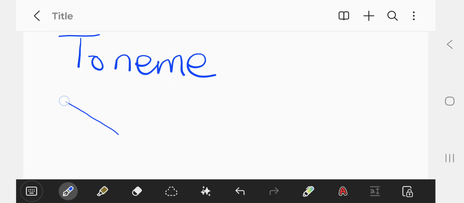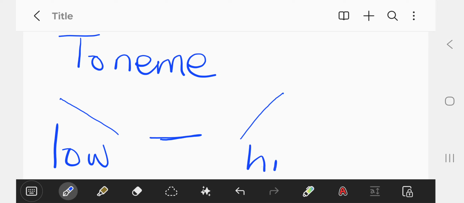One goes up to your left, and it is the low tone. One doesn't have a sign at all, and another one goes up to the right, and it is the high tone. So I believe you can guess what the one at the middle is. Yes, of course. It is called the middle tone or mid tone.